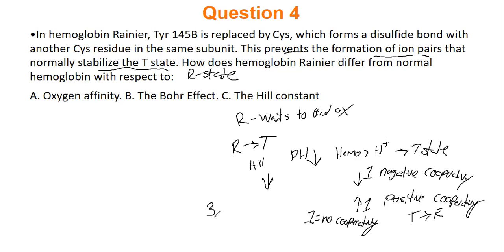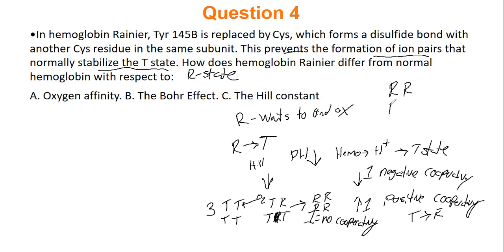The way that positive cooperativity works is that if we're all in the T state and one T state binds oxygen, O2, then that goes to the R state, and that trigger to the R state can help make the other subunits go to the R state, and now they want to bind more oxygen. So that's how we have positive cooperativity, right?